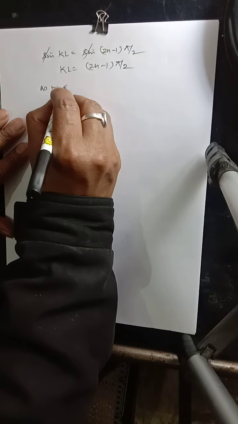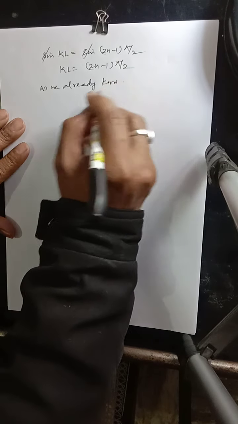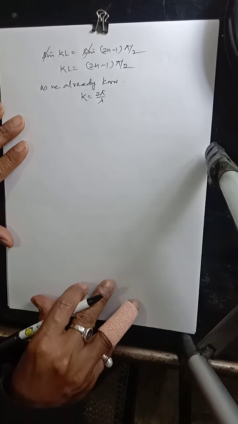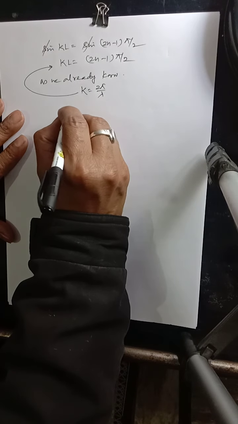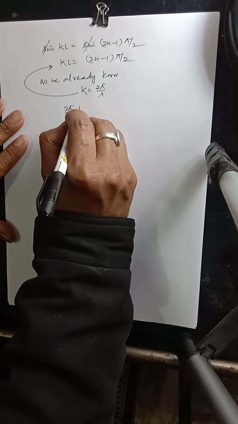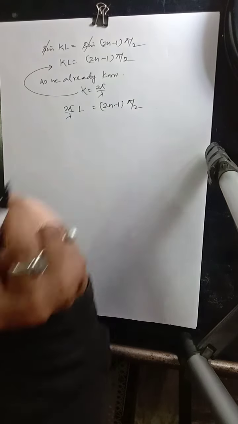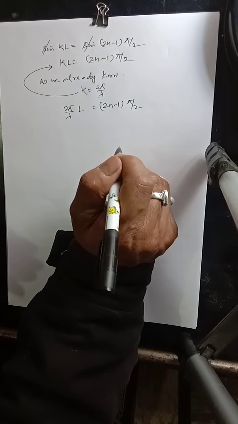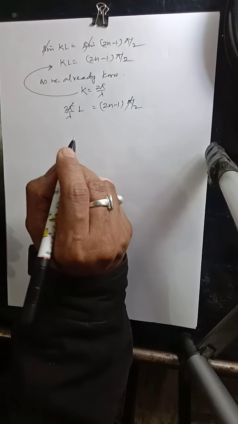Now as we already know, k is equal to 2 pi by lambda. I'll put this value here. k is equal to 2 pi by lambda, with L, is equal to (2n minus 1) pi by 2. So this pi is cancelled with this one.